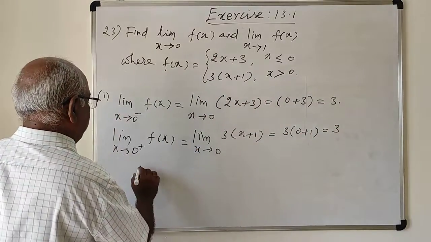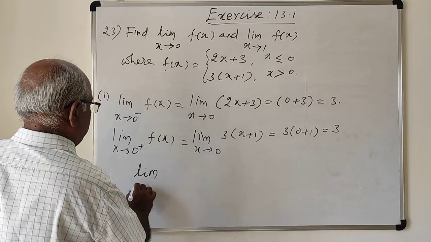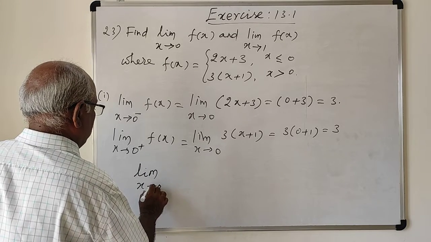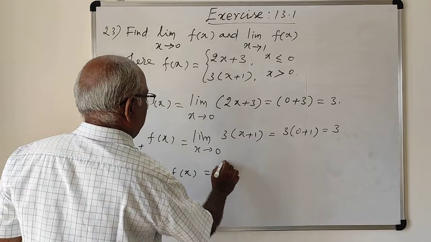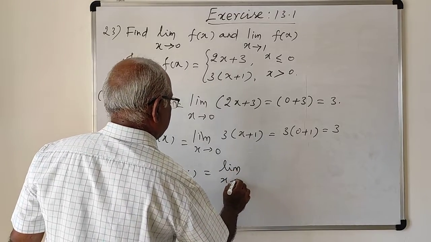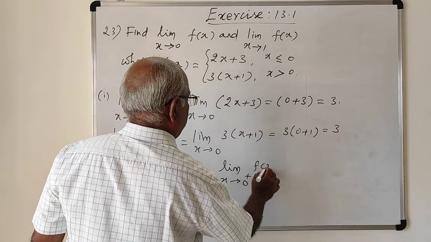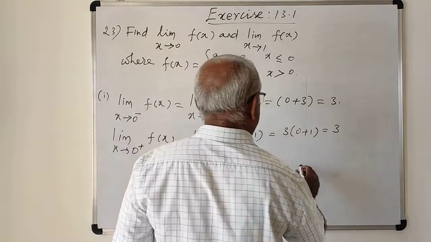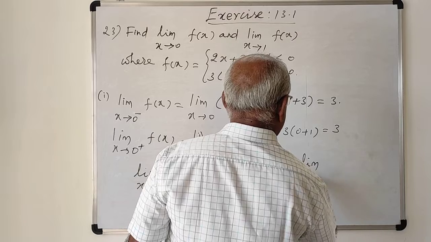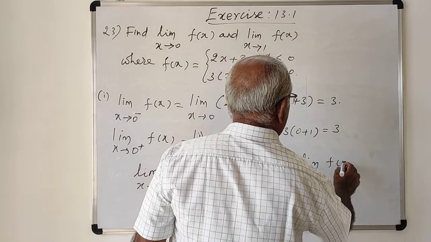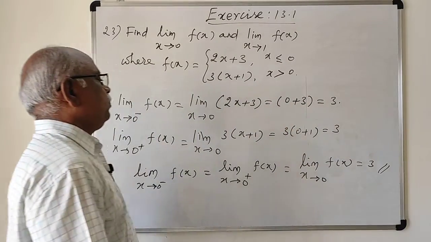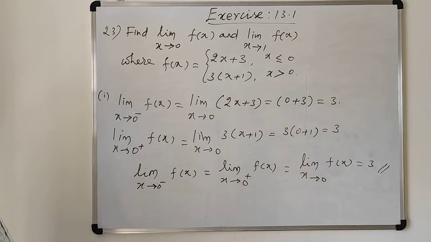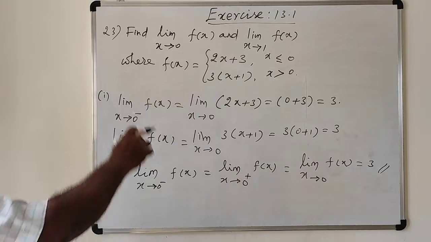So from this we can say limit x tends to 0 minus f of x is equal to limit x tends to 0 plus f of x, both are equal. Therefore, limit x tends to 0 of f of x is 3.